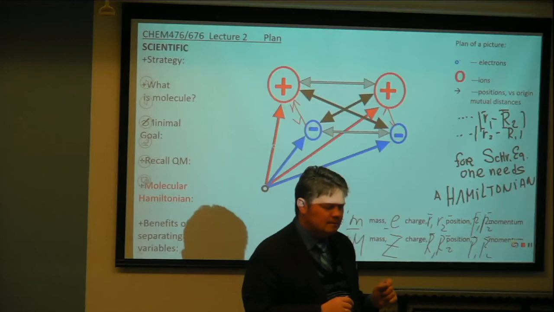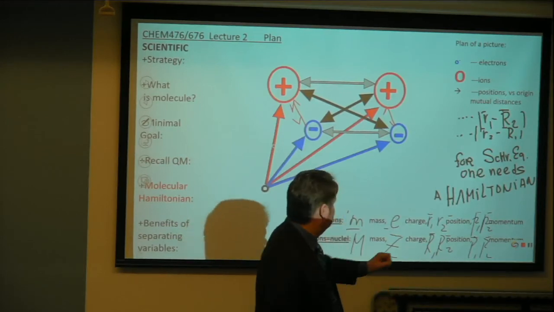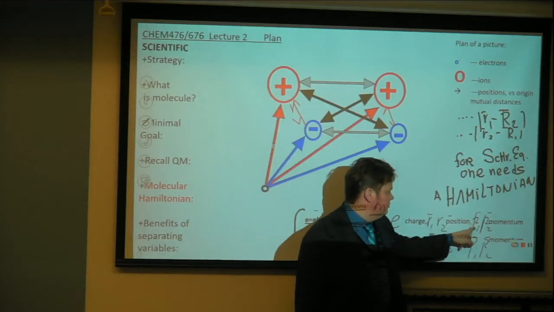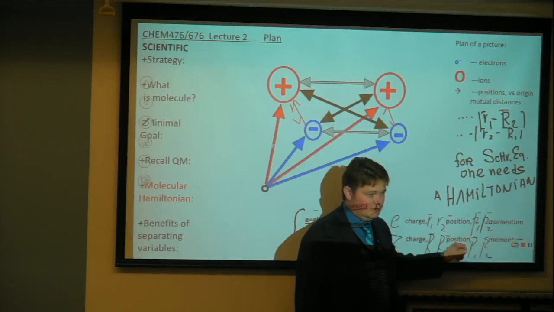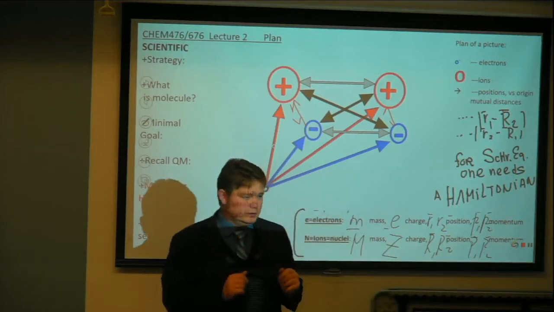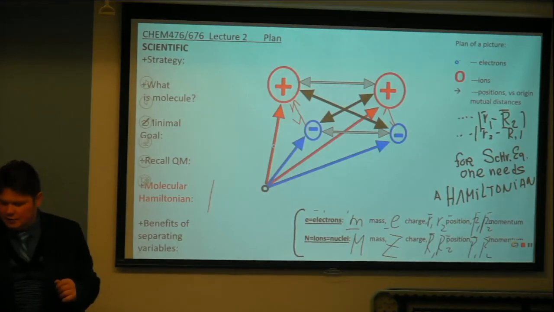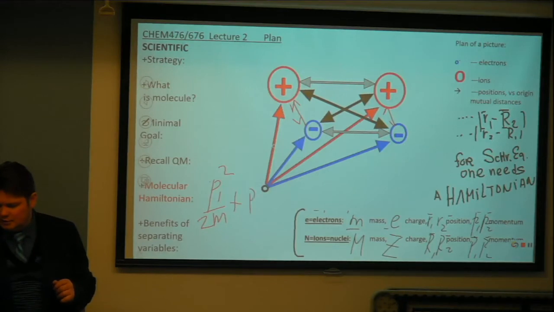For kinetic energy, we do need momentum. Momentum of the first electron, second electron, and momentum of the first nucleus, second. And based on each momentum, it will be just one term. Okay? For kinetic energy, if the electron has momentum lowercase p1, it will be p1 squared over 2 electron mass. Then electron number 2, p2 squared over 2m.